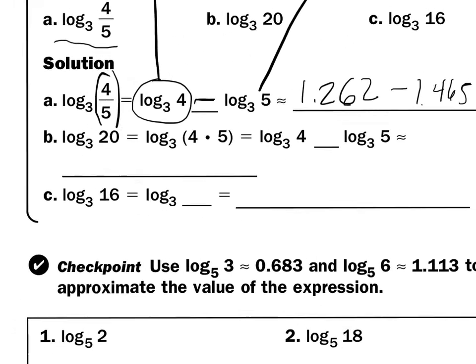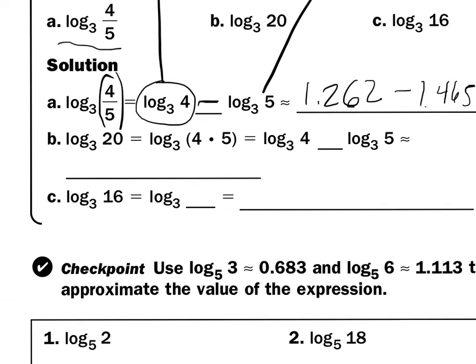Let's do another one. Now this one's not very obvious when you first see it. Log base 3 of 20. You want to figure out a way of rewriting 20 using the 4 and 5. So, 20 can be rewritten as the product of 4 and 5. Now once you have realized that, we can use the product property and do log base 3 of just the 4 plus log base 3 of 5.